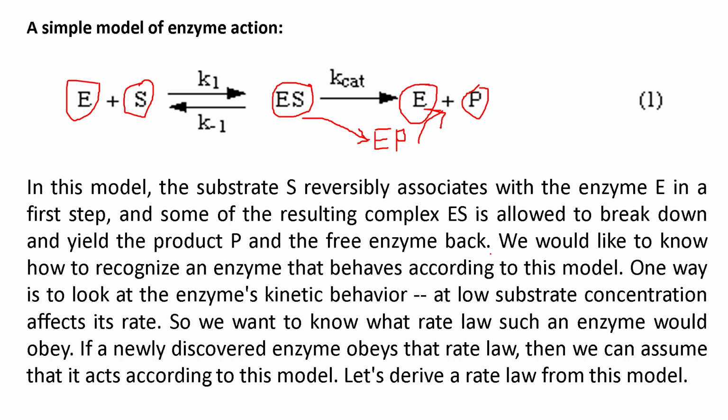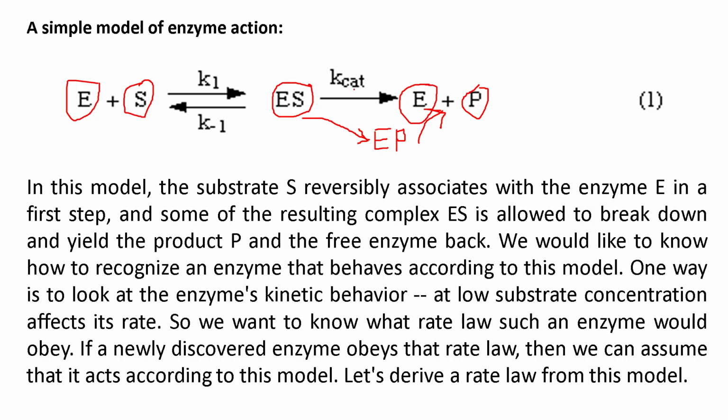In this model, the substrate reversibly associates with the enzyme E. Okay, in the first step, it binds, and some of the resulting complex is allowed to break down to yield products and the free enzyme back.